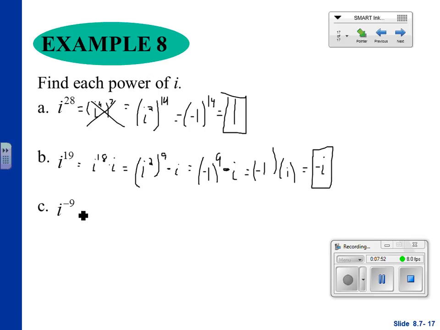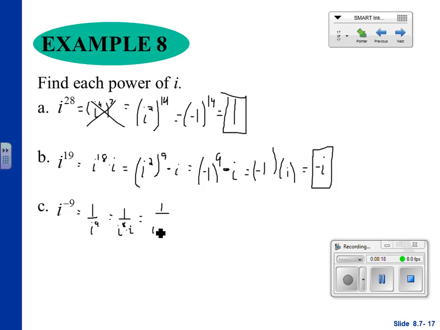Okay, part C. We can rewrite this. If you have a negative exponent, you have to move it down to the bottom. So this is 1 over i to the 9th. Now, you can't divide 9 evenly by 2, so I'm going to change this to 1 over i to the 8th times i. So we know we're going to have an i left over. Rewrite i to the 8th.